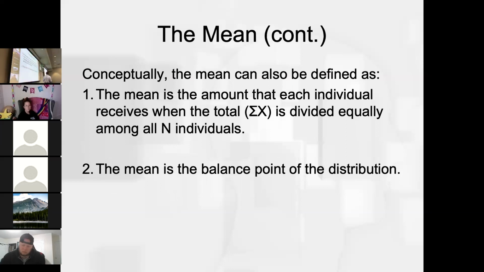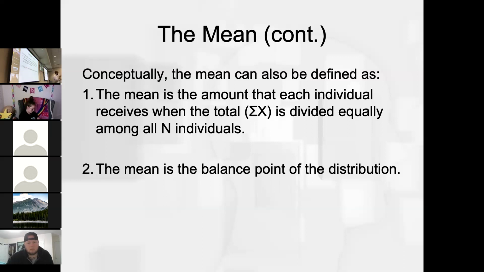Conceptually, the mean is also defined as the amount that each individual receives when the total, or sum of X, is divided equally. Again, what is this sigma? Sum? Exactly, yes. So when you see sigma X, that means take every X value, every data point, and add them together.